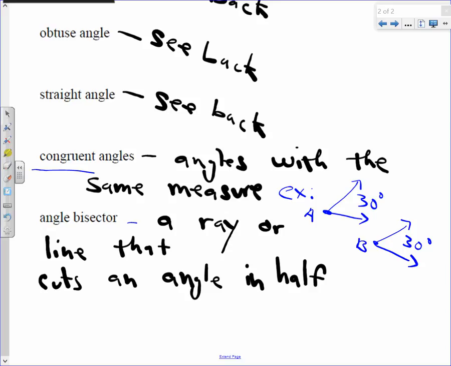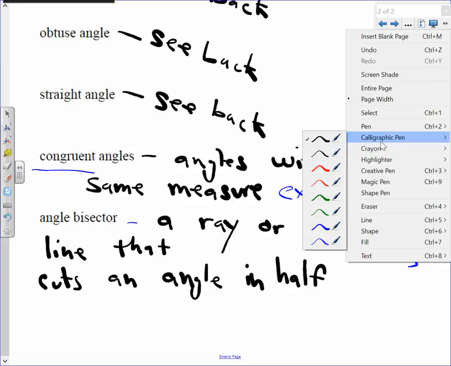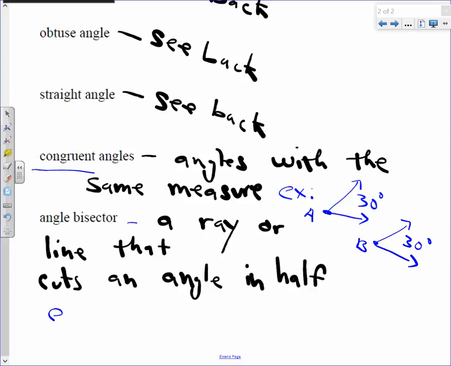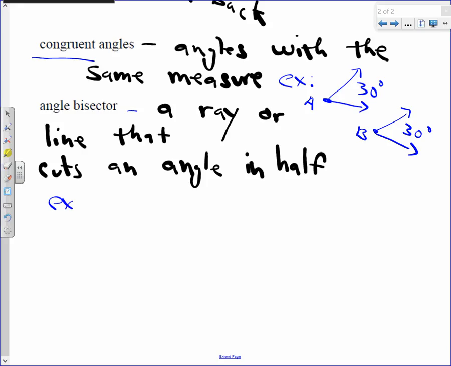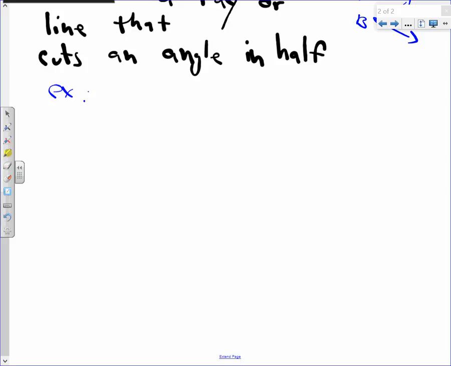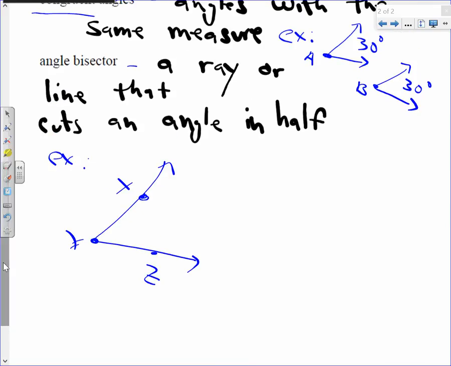A ray or line that cuts an angle in half. I'll give you an example. Let me draw an angle here. Let's draw angle XYZ. So it's a ray or a line that cuts an angle in half.